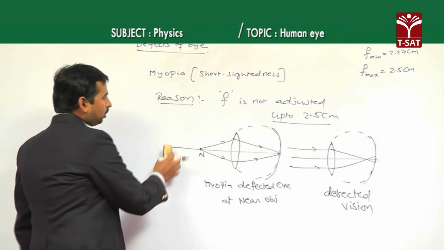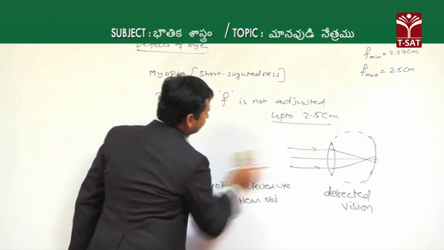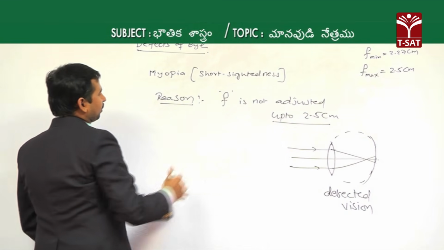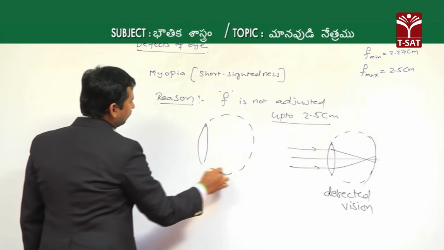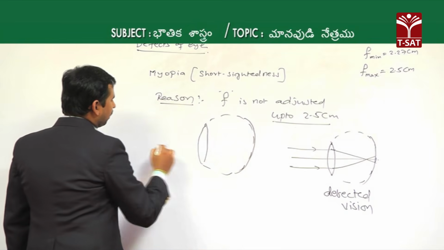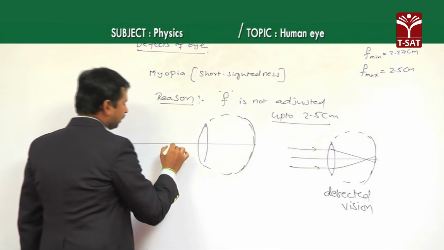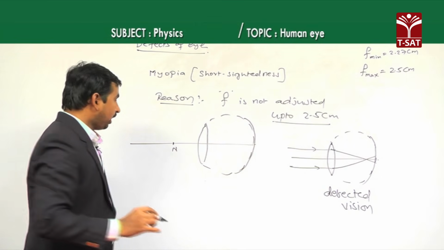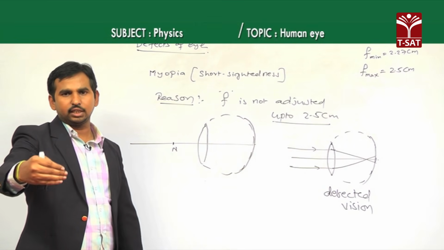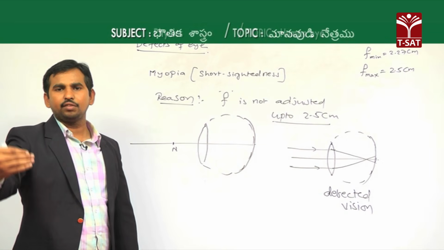Okay. For example, let us suppose like this. If this is the eye lens and here you are having the retina and the light rays we are taking now, here this is the near point, so no problem to this near point distance. And as we can see near distance very clearly, we should have a limit for that.